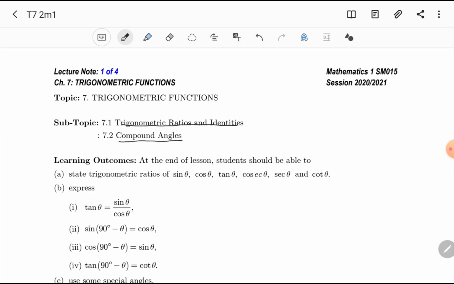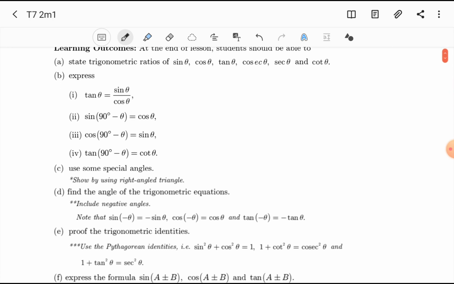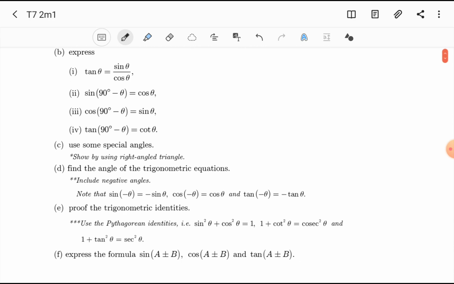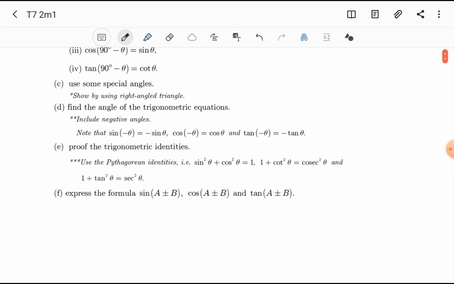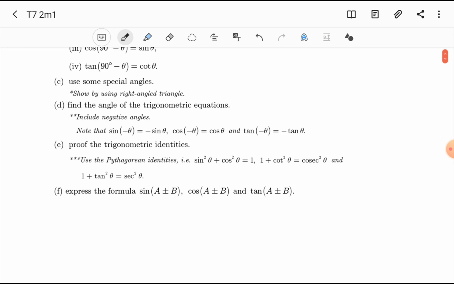Okay, so at the end of this video, students should be able to state trigo ratios, to express all the ratios, use some special angles, find the angles, prove the trigo identities, and express the formula of sine A plus minus B, cos A plus minus B, and tangent A plus minus B.